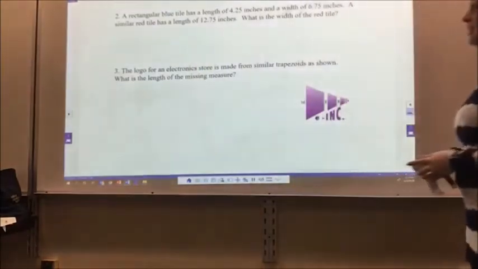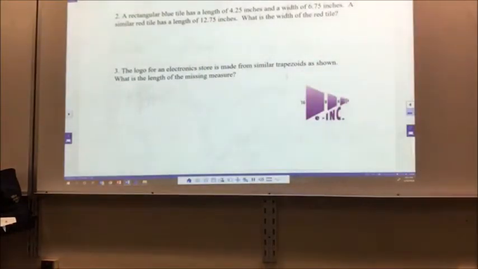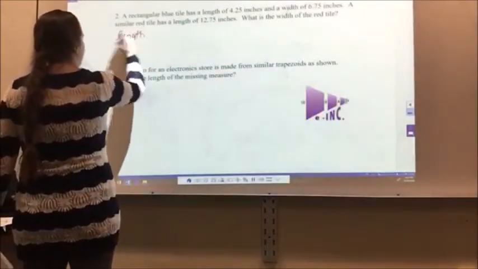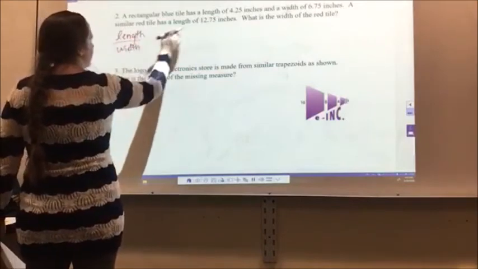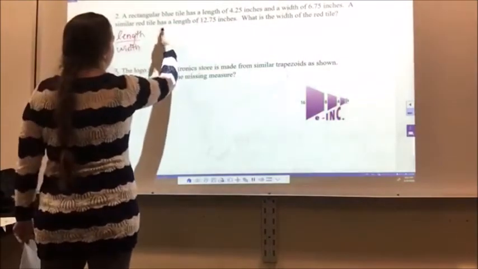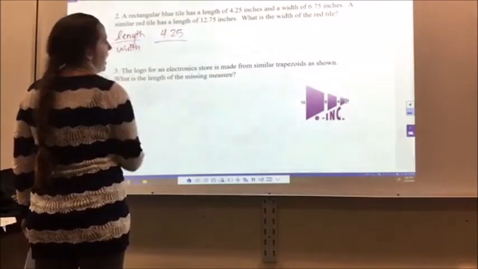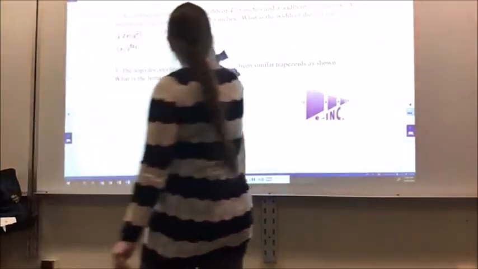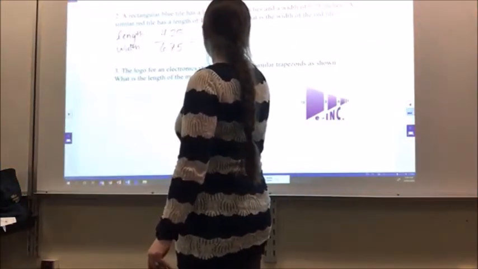All right, number 2 says a rectangular blue tile has a length of 4.25 inches and a width of 6.75 inches. A similar red tile has a length of 12.75 inches. What is the width of the red tile? So I'm going to go ahead and set up a proportion. I'm going to do length over width. The first one is my blue tile: my length was 4.25 and my width was 6.75, and that's going to equal my length of my red tile, 12.75, over the width, which I don't know.